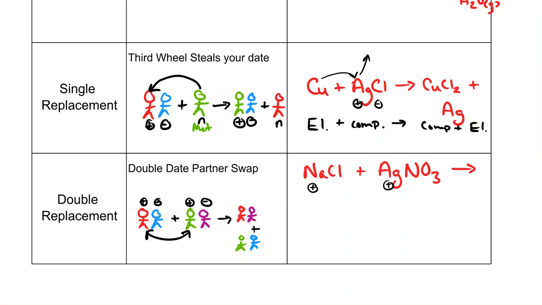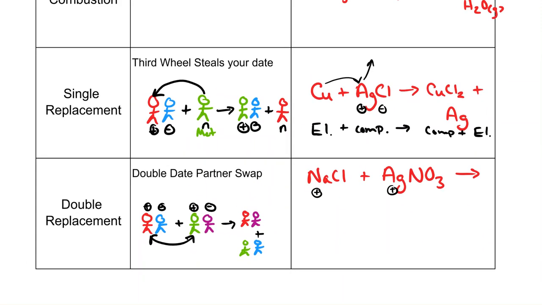They're both metals, right? And so what's going to happen is they're going to swap places. So we're going to get, as our products, silver chloride plus sodium nitrate.